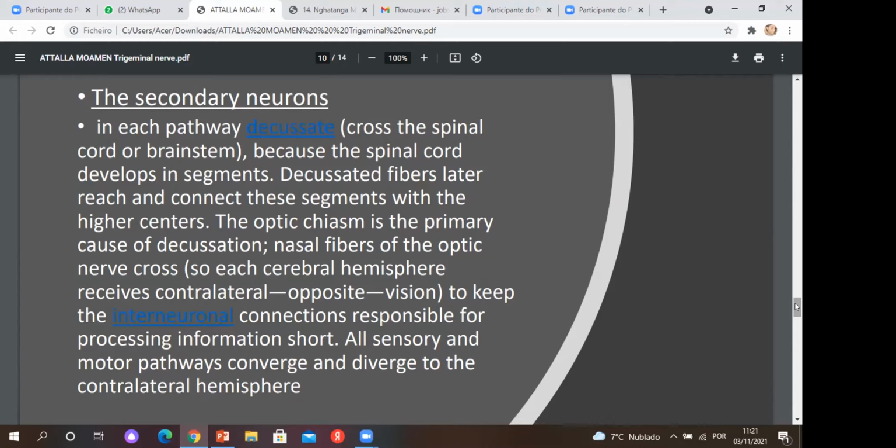The optic chiasm, the nasal fibers of the optic nerve cross to receive the contralateral opposite vision, and also to keep the interneurons connected, responsible for processing information. All sensory motor pathways converge and diverge to the contralateral hemisphere.